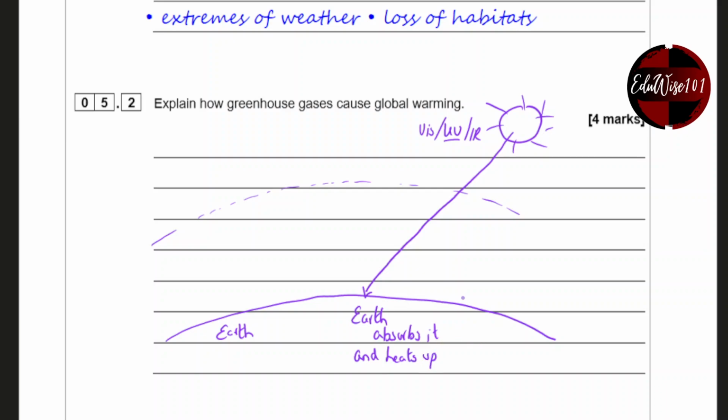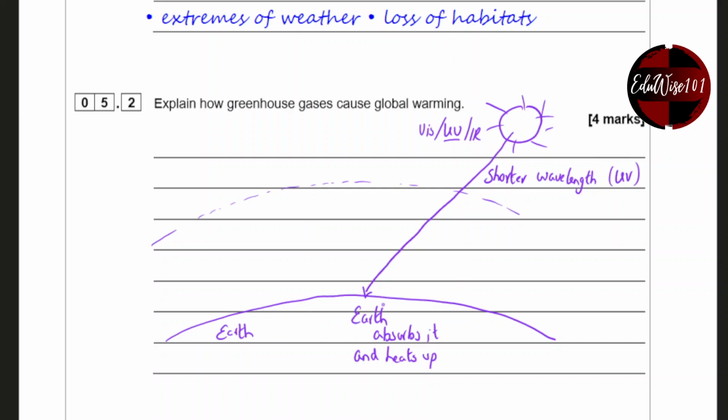So the sun's UV rays actually heat up the land. Now these are shorter wavelength, meaning UV is shorter wavelength.